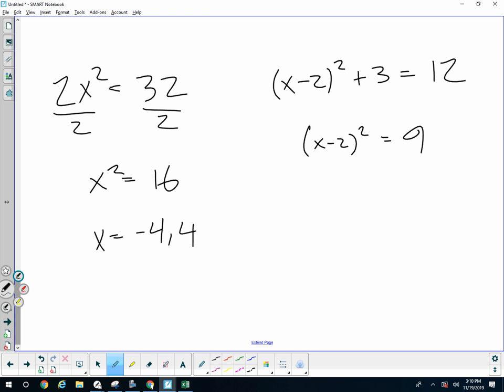When we square root both sides, I'm going to get positive 3 and negative 3 on the right side. I will take both of those numbers and add 2 to them to get 5 and negative 1.